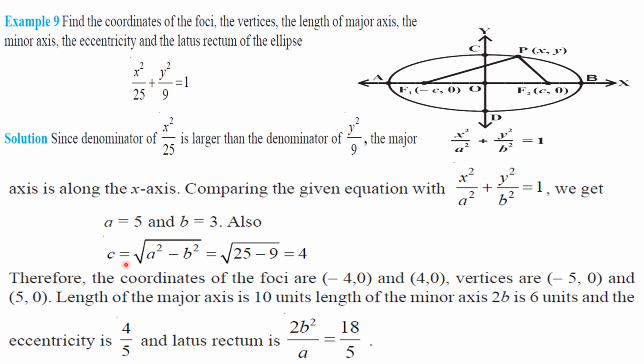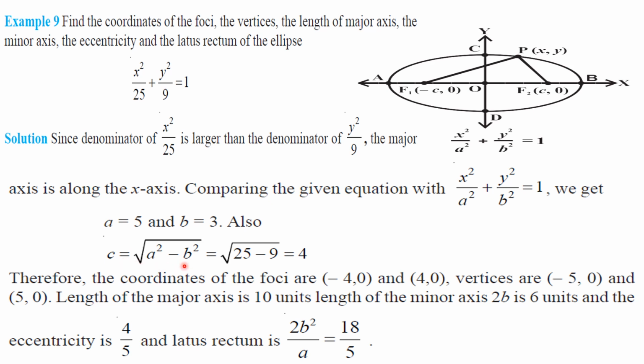Right. Also, c is equal to, do you remember the relationship between the distance from the center to the focus of the ellipse, the length of the semi-major axis, and the length of the semi-minor axis? This is the relationship between the three variables a, b, and c. So c is equal to square root of a square minus b square.